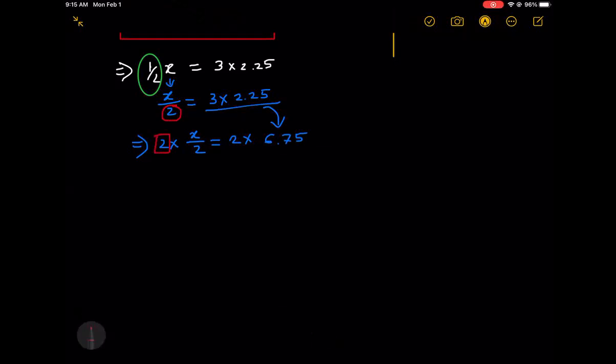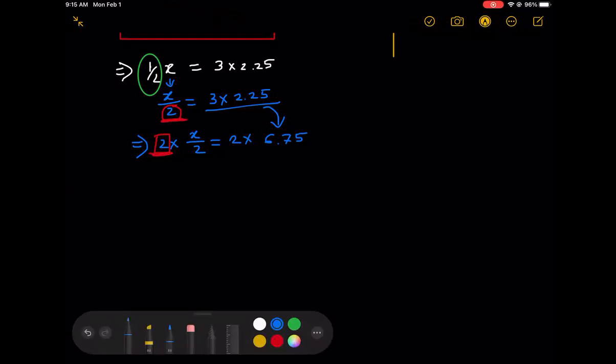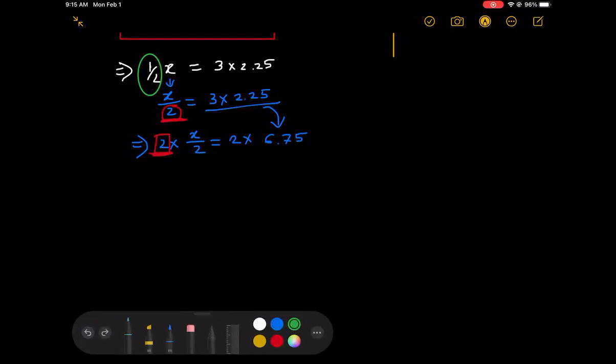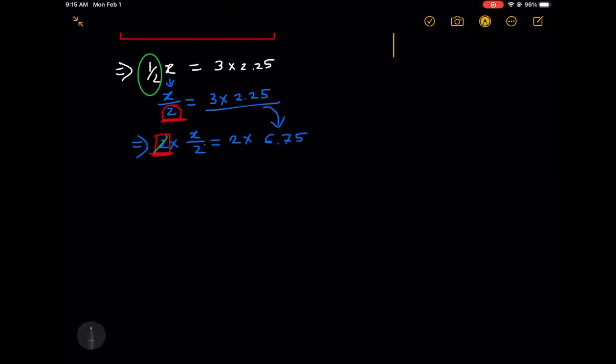Obviously, whatever we do, we need to do on both sides. In particular, to get rid of this, I'm multiplying by 2, clearly because it will cancel and help me to isolate x. And obviously we need to do the same thing on the right side as well.